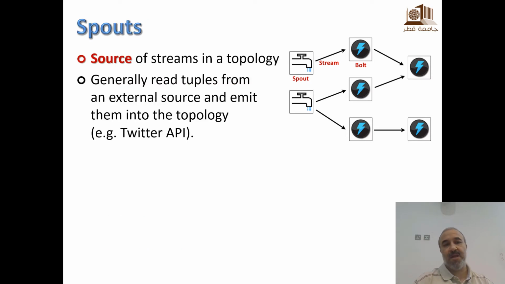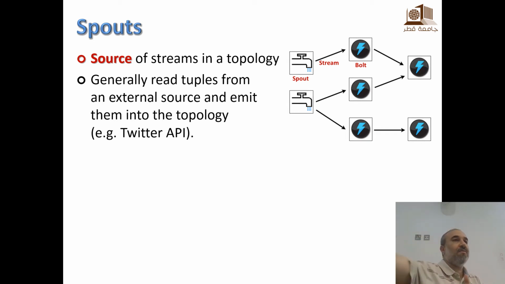So that's a stream. Spouts in a topology are representing the sources of streams in the topology. The source of the stream, and that can be one or more in the topology, are represented by what we call spouts. Spouts are special classes that, as you will see in Storm, we will need to define through the API.